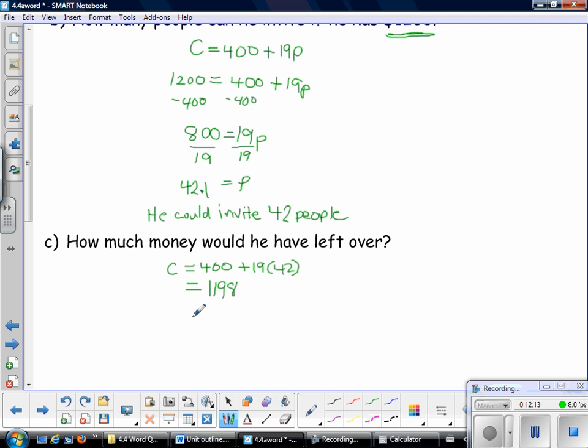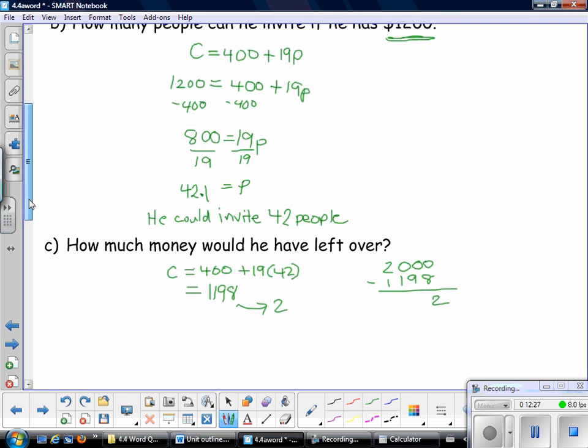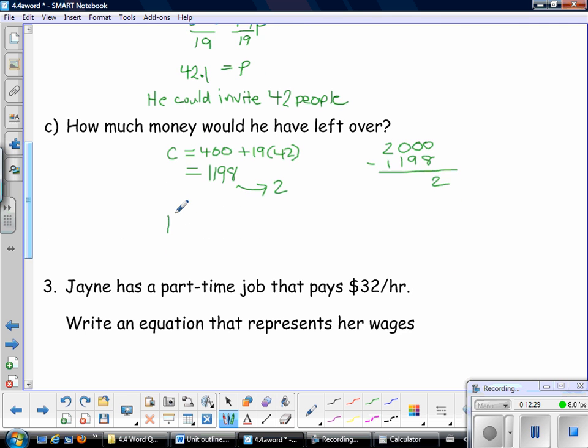So leftover, obviously he's going to have $2 left over, because if we subtract it in our head, we would have 1200 take away the 1198 for $2. So he would have $2 left over.